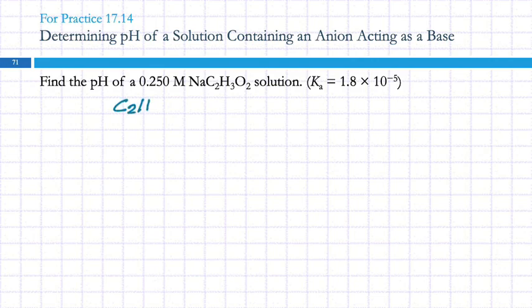So C2H3O2 minus plus H2O. It's going to take a hydrogen ion from the water and leave us hydroxide ion.